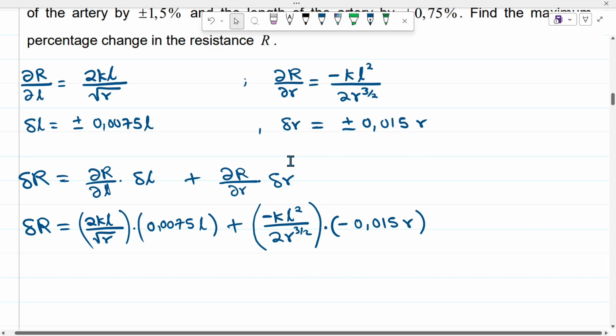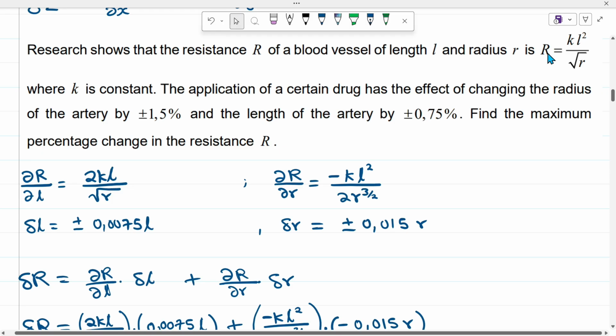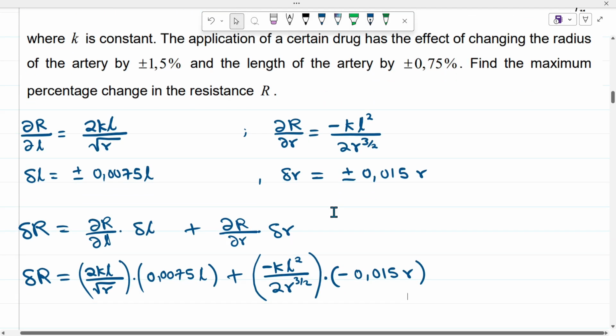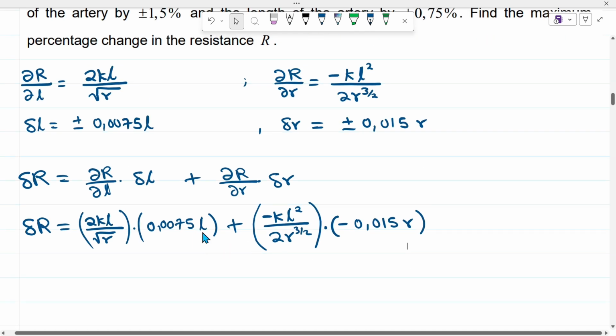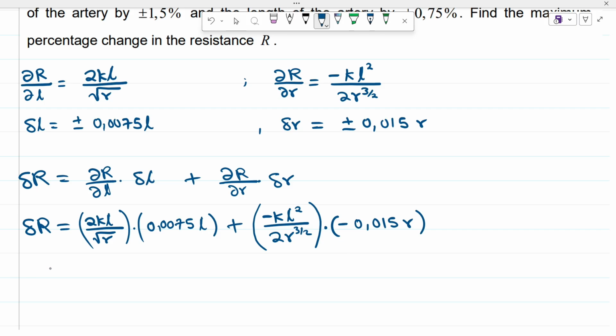And then from here we just need to multiply, then take R as this common factor, and then we'll see what is the maximum percentage change. So I'm going to multiply L by that, and then multiply R by that, and then you'll see what we are going to get. So the maximum percentage change in R is equivalent to what?